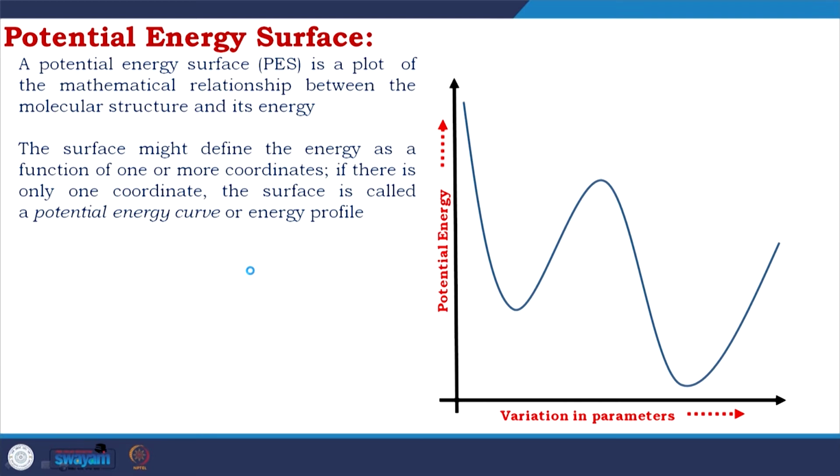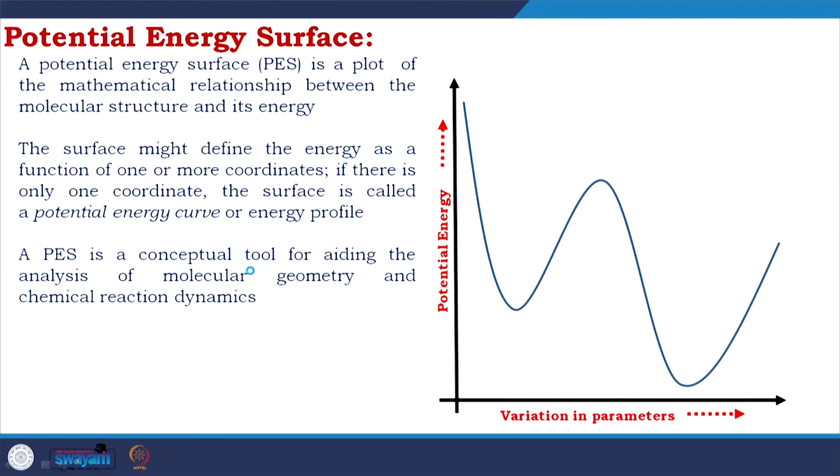The surface might define the energy as a function of one or more coordinates. If there is only one coordinate, the surface is called a potential energy curve. What you are looking at here, with x and y axes given, is a 2D curve, but it could be multidimensional also.